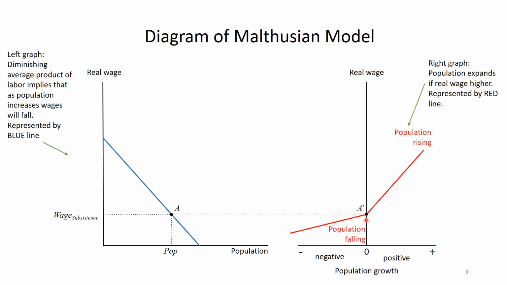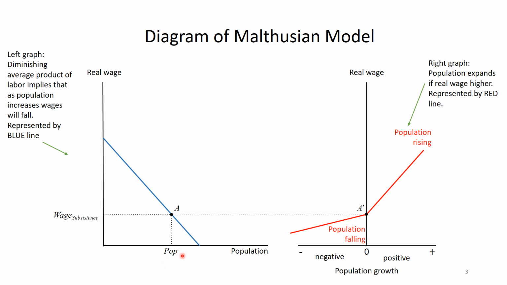So the way you would read the equilibrium of the model is to look for the zero population growth level of wages, and read over to the left-hand diagram, and that subsistence level of wages is going to tell us what level of population is consistent with zero population growth.